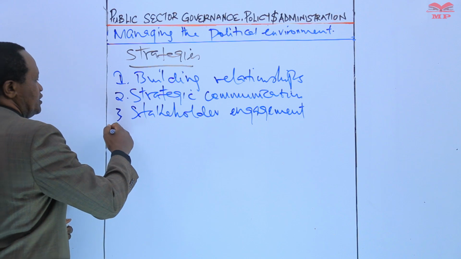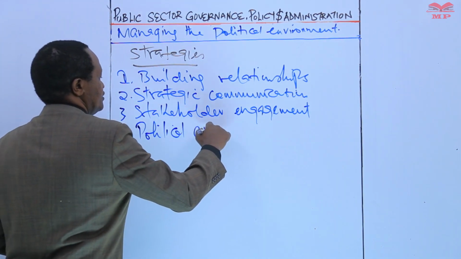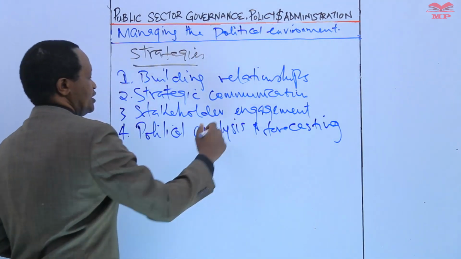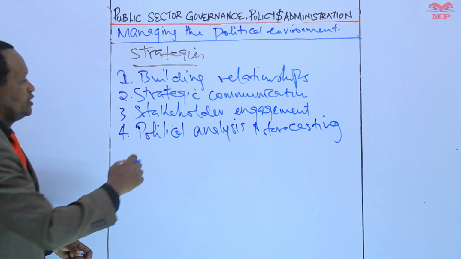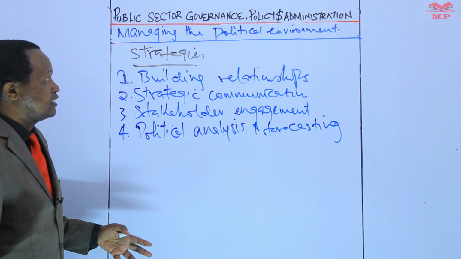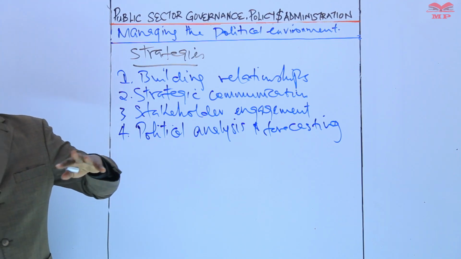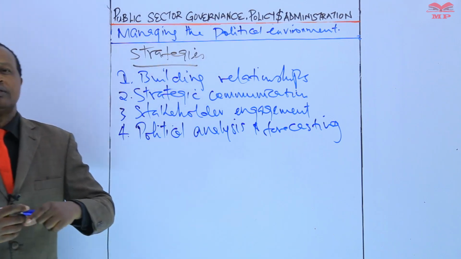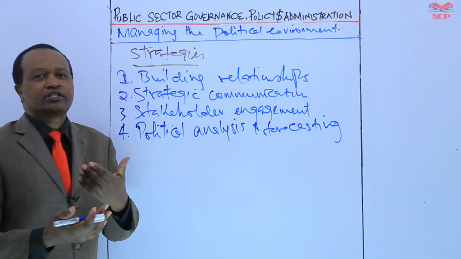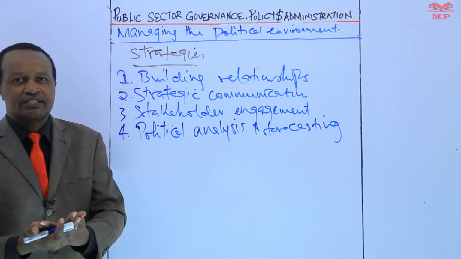The fourth strategy is political analysis and forecasting. Political analysis and forecasting is a strategy that can be employed by public administrators in managing the political environment. That means staying informed about political trends, political developments, as well as potential risks.